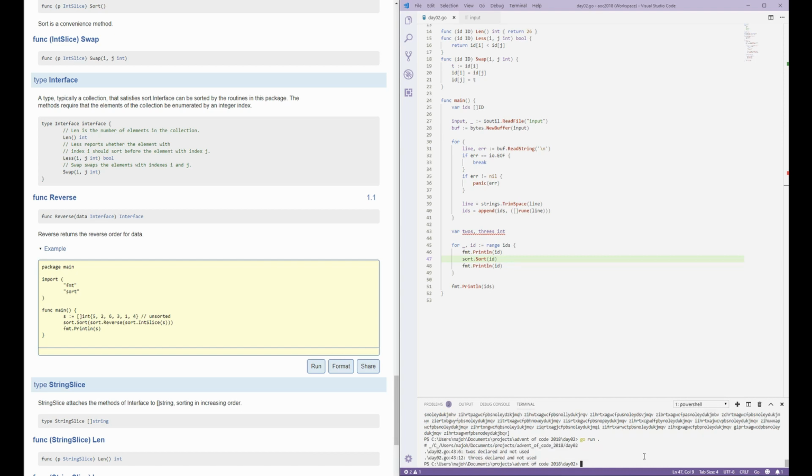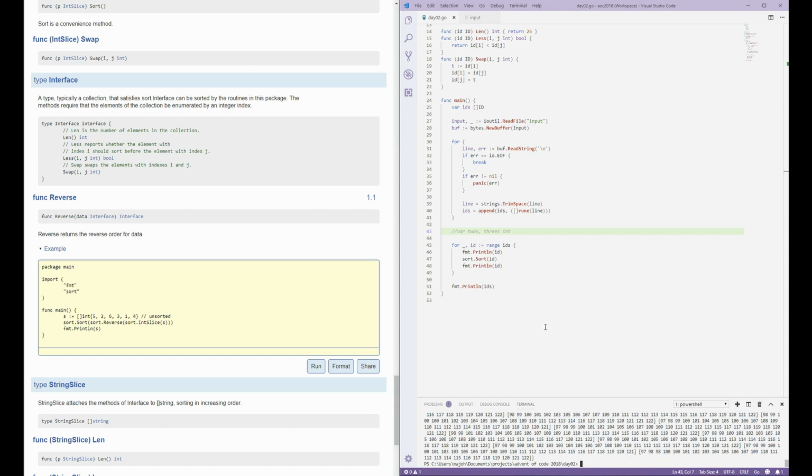Go run, declared and not used, blah, blah, blah. For IDs. Is that an actual error? Is it really? Let's do an empty. I don't see Bobo.